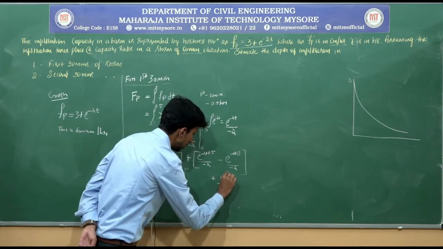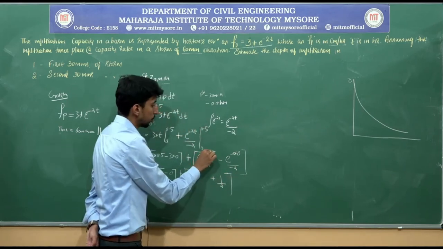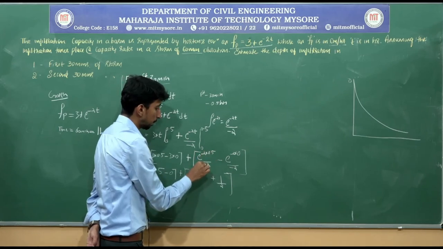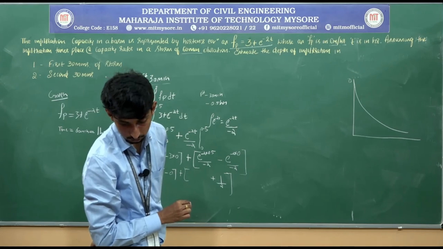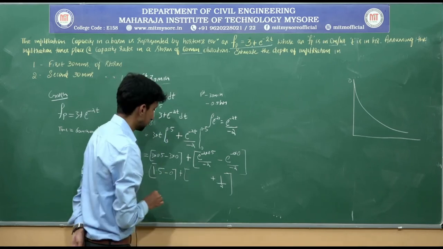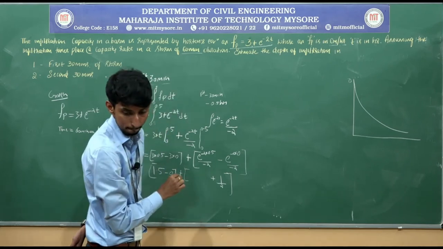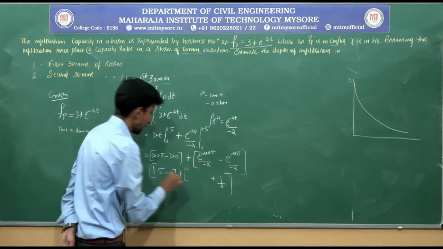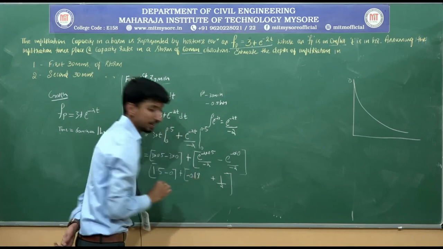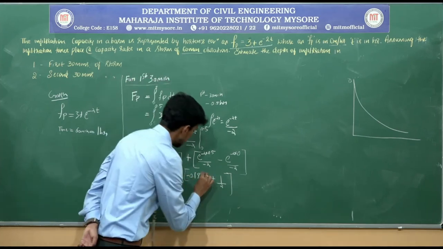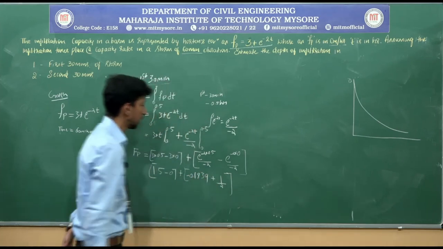And what is the value of e power minus 1 by minus 2? It is minus 0.1839.